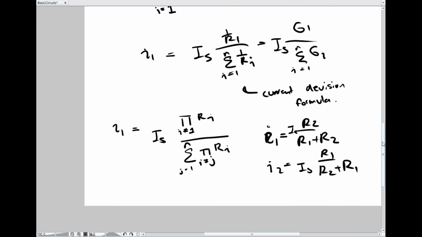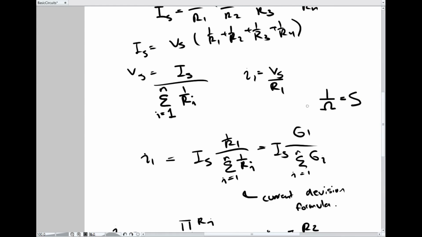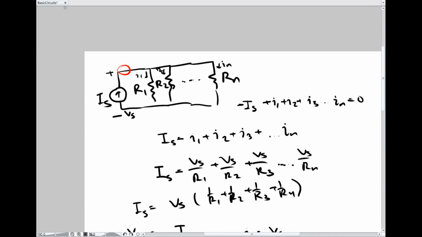So something that, again, I happened upon as I derived the current divider formula from the current divider circuit is resistors in parallel.